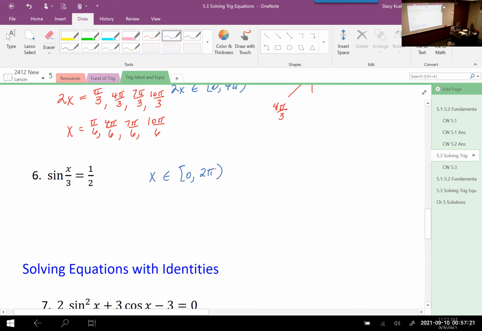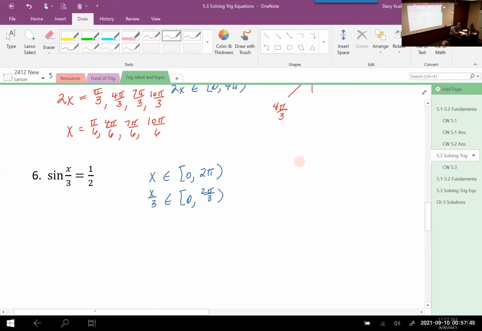But notice that the argument for my function is dividing x by 3. So I'm going to adjust my domain to now divide everything by 3. So 0 divided by 3 is just 0. 2 pi divided by 3 is 2 pi over 3. So what this says is I'm only looking for angles on the interval between 0 and 2 pi over 3.